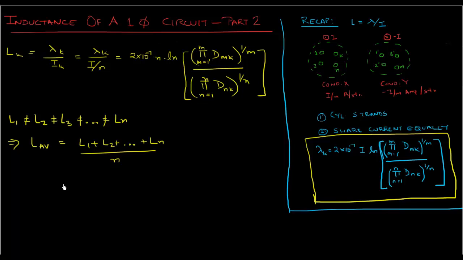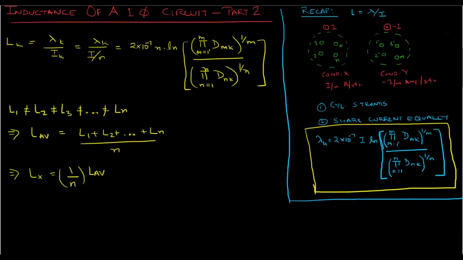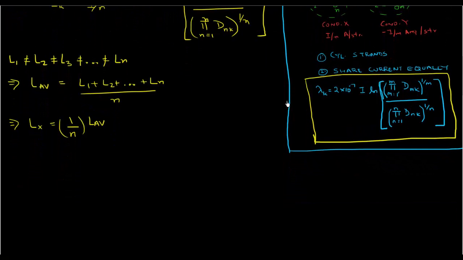What we can then say is that L_x, since all of these are electrically parallel, is 1 by n times L average. Now, the easiest way I can find to explain why this is, is to imagine an electrical circuit with parallel impedances. So you have Z1, Z2.